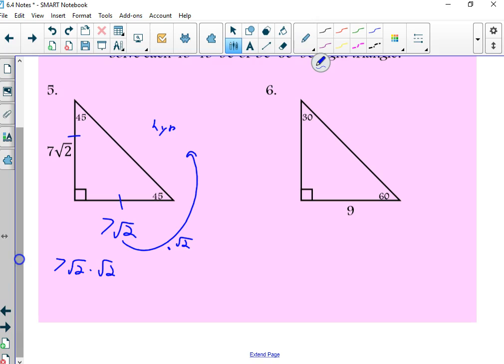Now, there's 2 ways to think about this. Some of you want to do 7 radical 4, which is 7 times 2, which is 14. Others of you might go right to 7 times 2. It doesn't matter. Whatever works for you, whatever you understand the best. So the hypotenuse is 14.